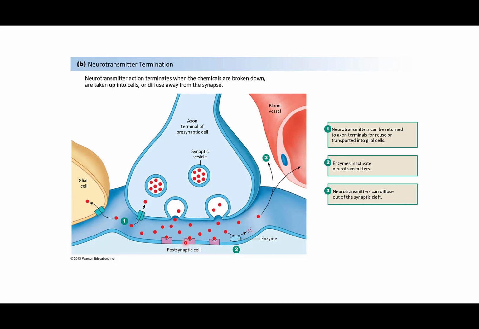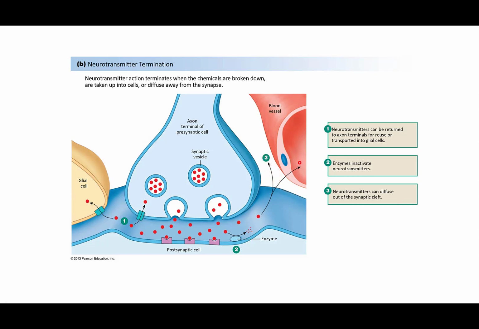So on the postsynaptic cell, there are proteins that serve as enzymes that can break down the neurotransmitters and remove it from the synaptic cleft. And then the third thing that can happen is that we can just have diffusion, in which the neurotransmitters diffuse out of the synaptic cleft.